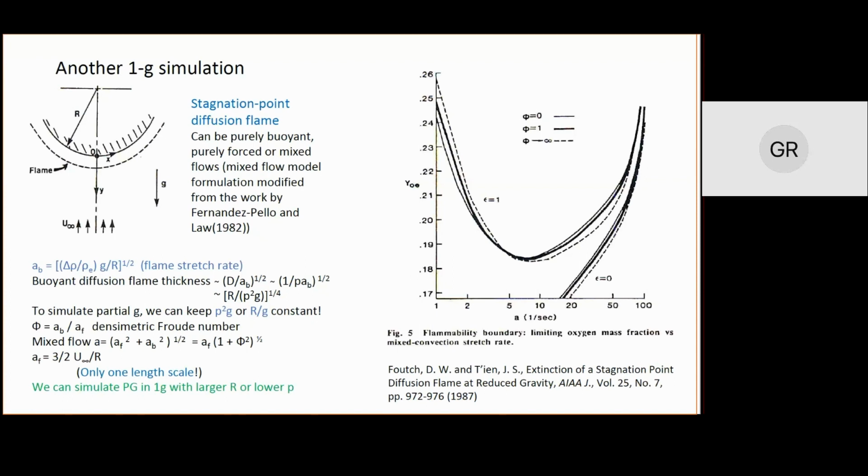If you go through this process, again you find inside here is also P squared G. So we are really very happy. On the other hand, if you want to simulate with this geometry, you have two ways of doing it. One is P squared G. The other one is P over R. So you can also change R to simulate this. I'm going to forget about the right.